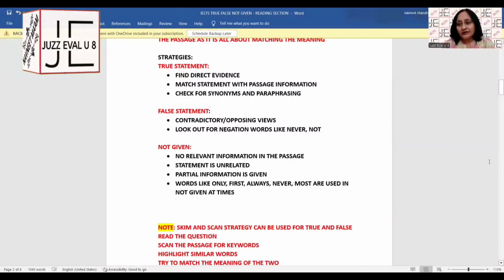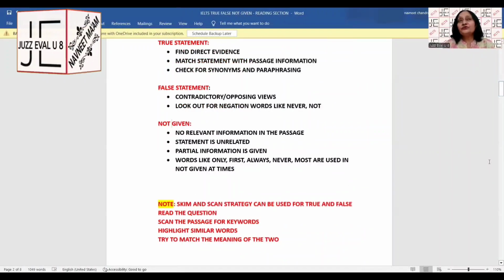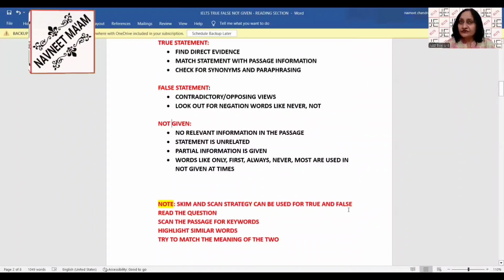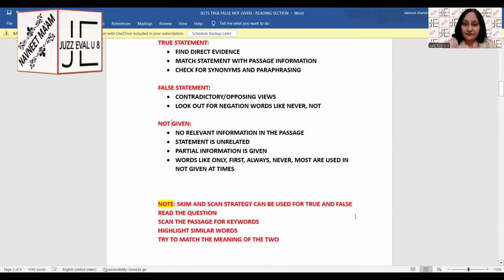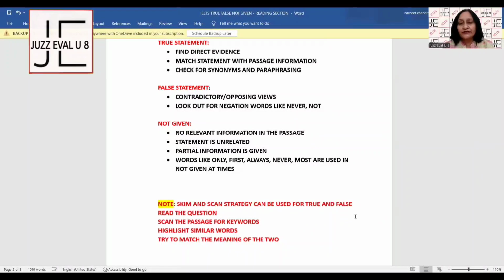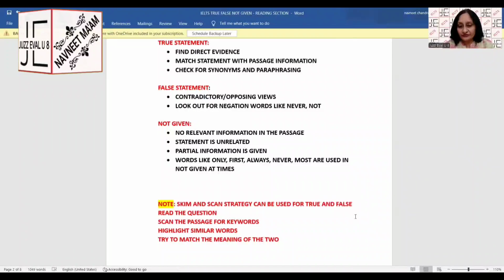Now, what is very, very important? How should you go about it? Skim and scan strategy can be used here. Read the question, scan the passage for keywords. In the question, you will find some keywords, whether it is in numbers or names or some vital information.